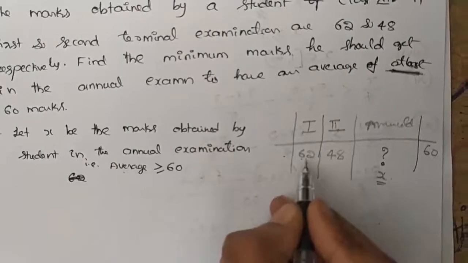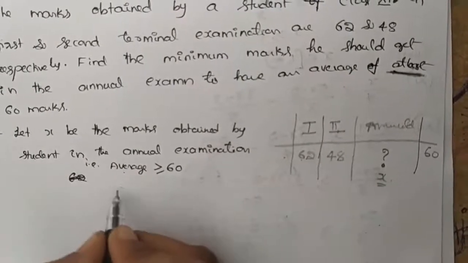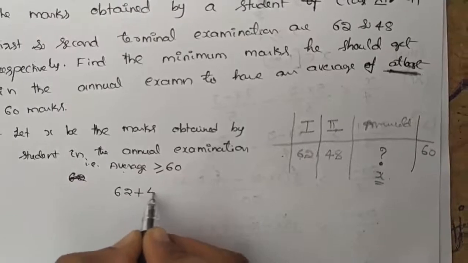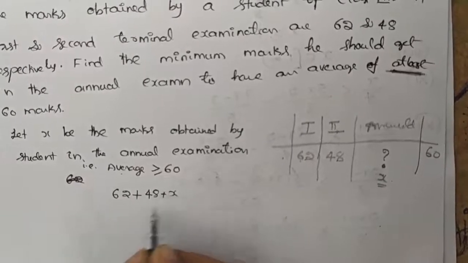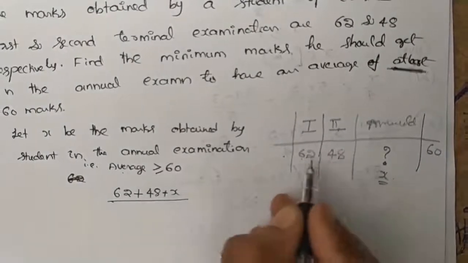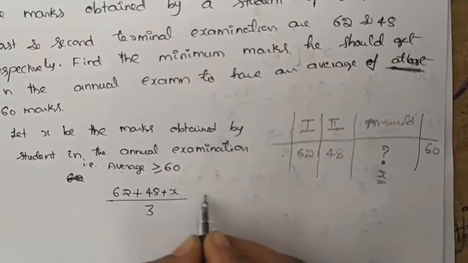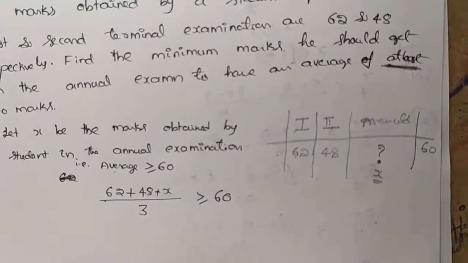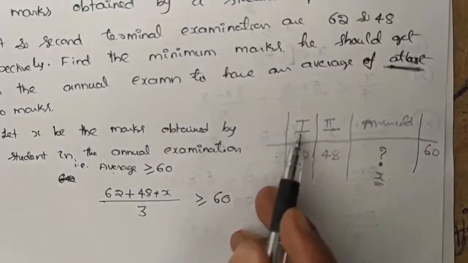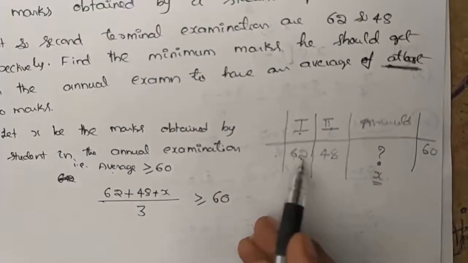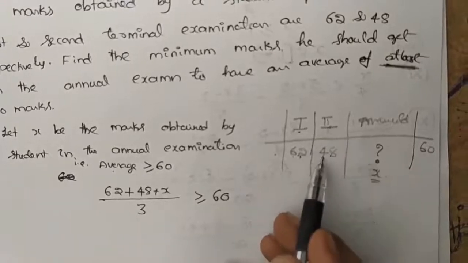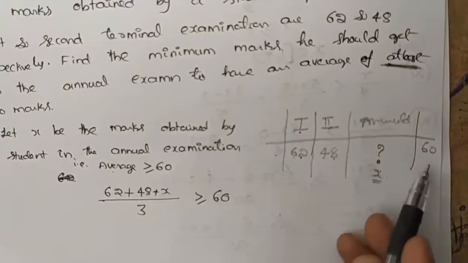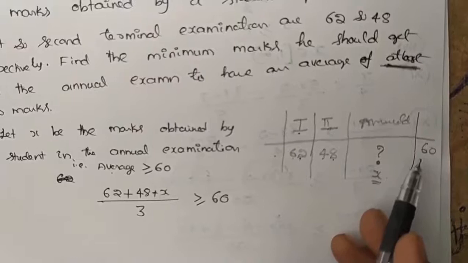How to find the average? 62 plus 48 plus x divided by 3, since there are three examinations, is greater than or equals to 60. In the first terminal examination he scored 62, in the second he scored 48.